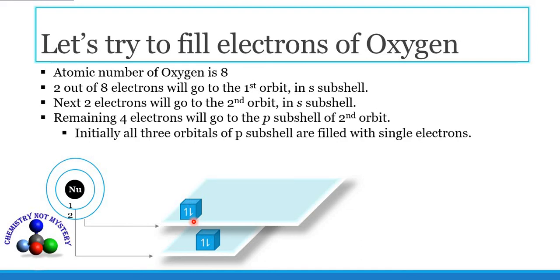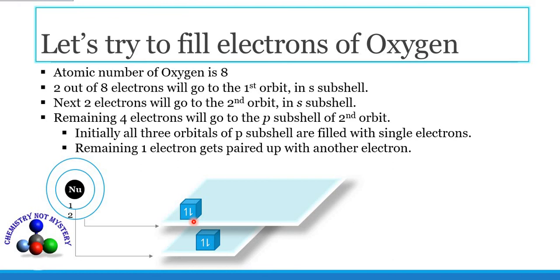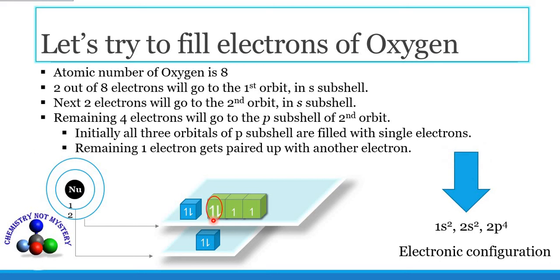Here, you fill 1 electron in each orbital of the P subshell according to Hund's rule of maximum multiplicity. Then the remaining 1 electron will get paired with another electron of the first orbital of the P subshell. That means the 5th electron and the 8th electron will share the same orbital.